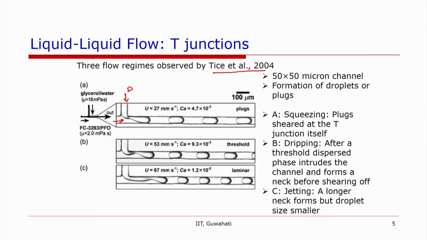Glycerol water is the dispersed phase, and FC3283 with PFO is the continuous phase, and we can see three different flow regimes. The distinction between these flow regimes comes from the capillary number, three different values of capillary number, which have of course been varied by changing the velocity of the phases. The density, the viscosity and surface tensions are the same.